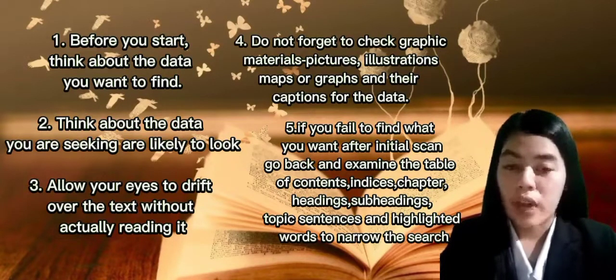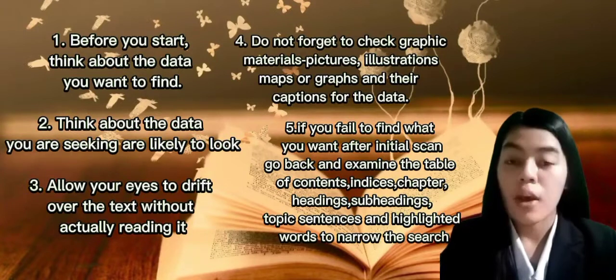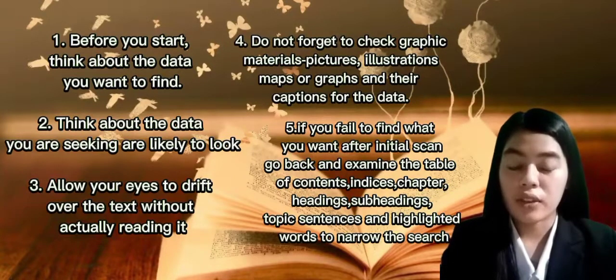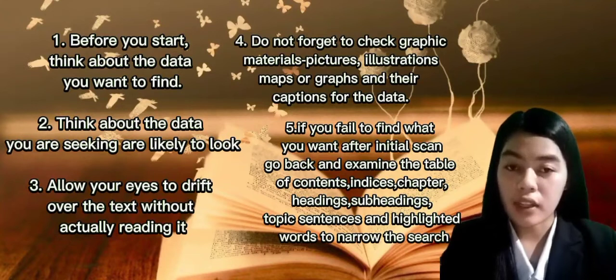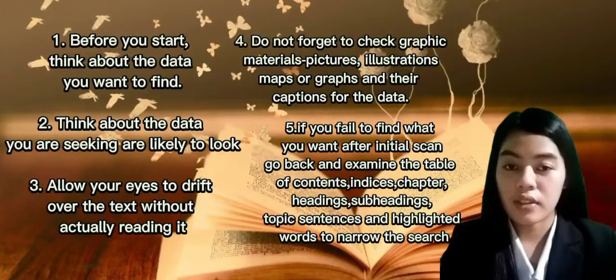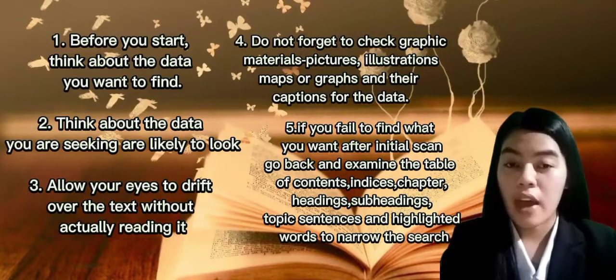So, you allow your eyes to go over the text without actually reading it. Because again, scanning is more on searching rather than reading. So do not forget to check the graphic materials, such as pictures, illustrations, maps or graphs, and their captions for the data.